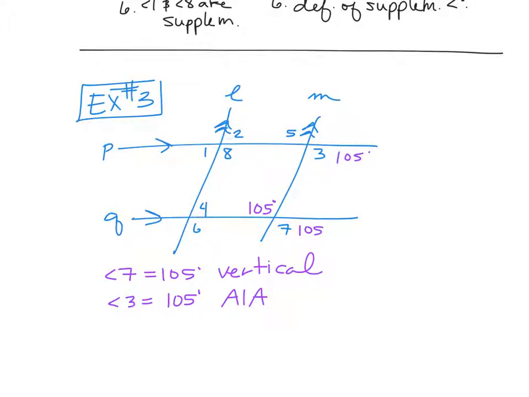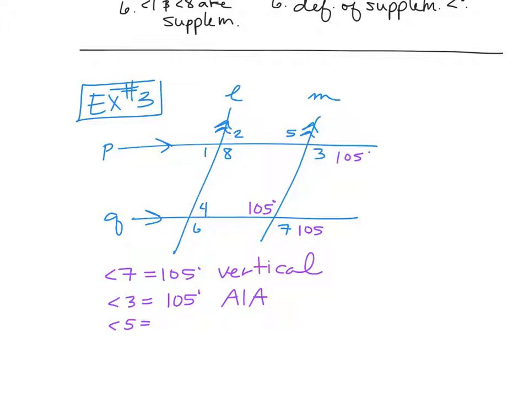Okay, can you tell me angle 5? Not 85, but you're on the right track. Why is 5 75? And you have a few ways you could go. Oh, sorry. I was looking at 4. Did you say 105?